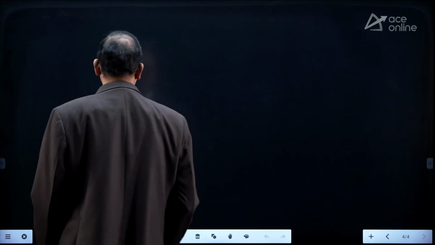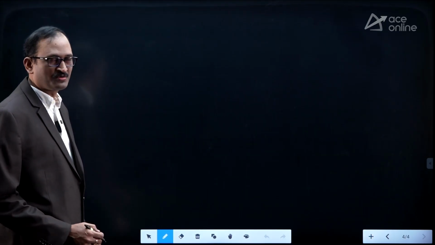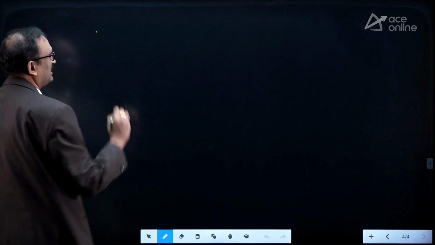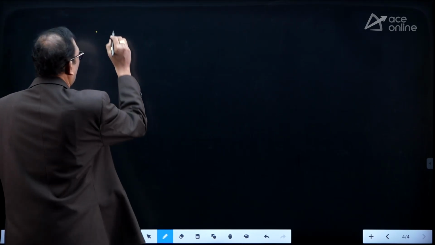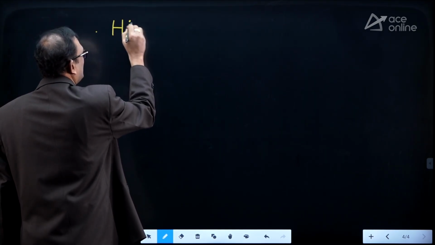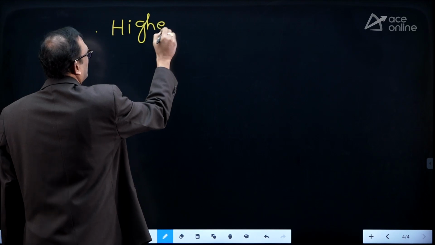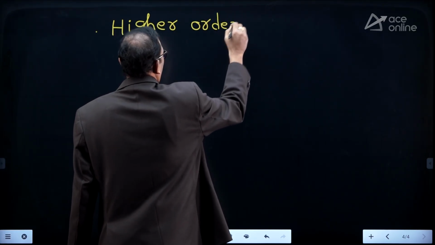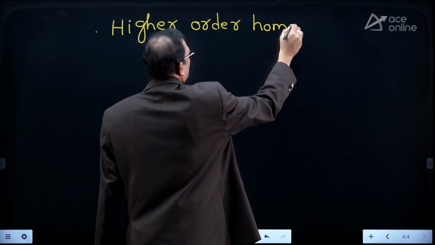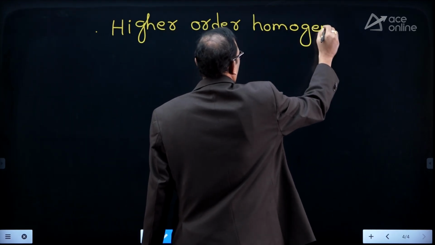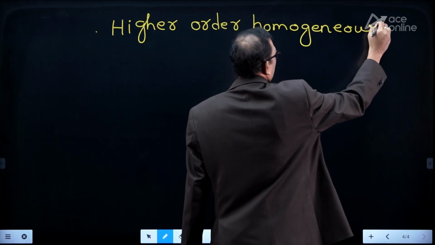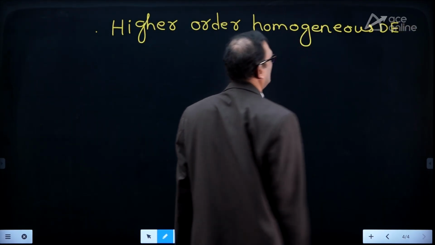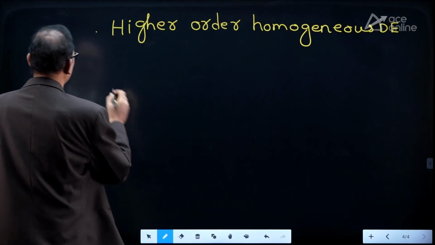So from the second chapter regarding differential equations, topics to be expected in the exam, I mean in the GATE, for ESC they have to prepare everything. Higher order homogeneous differential equations.